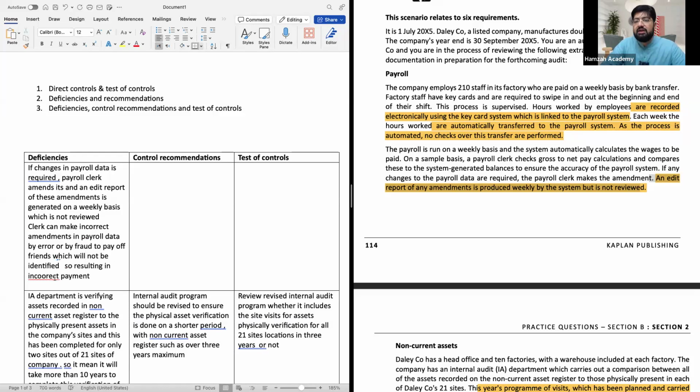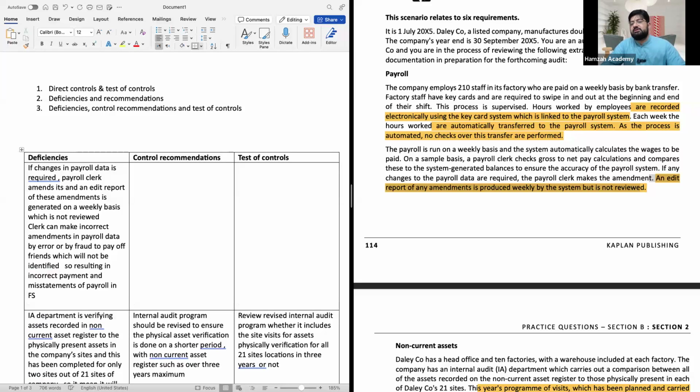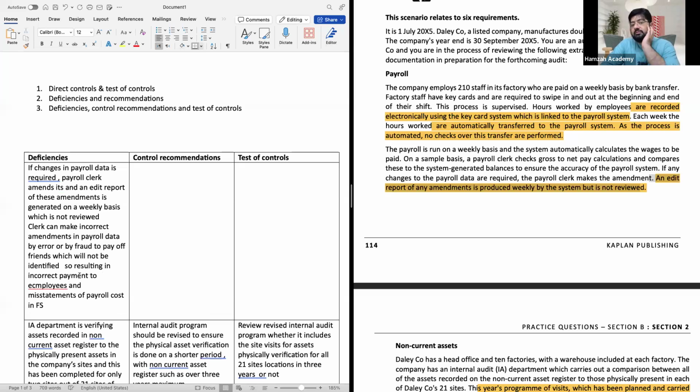So resulting in incorrect payments and misstatements of payroll cost in financial statements, payments to employees. Yes, it is a possibility. Now, what is the recommendation?